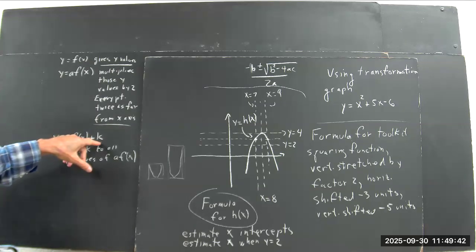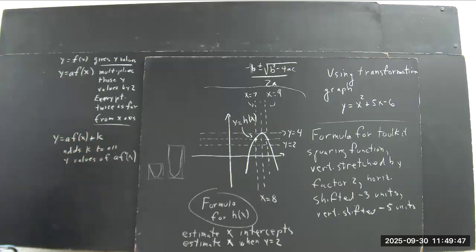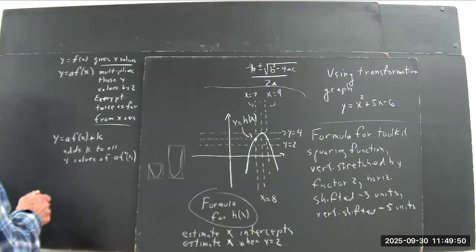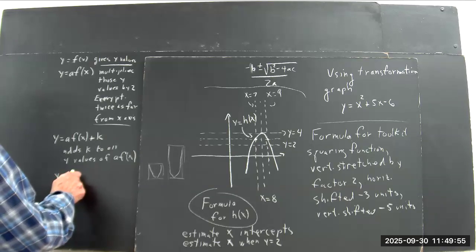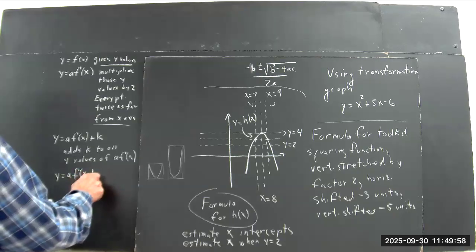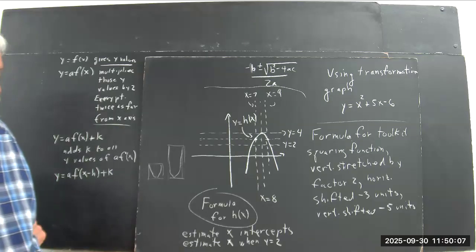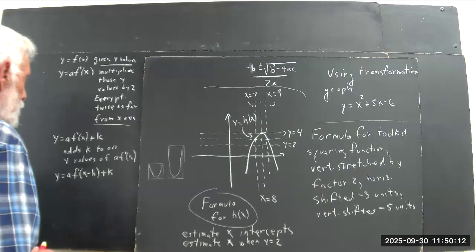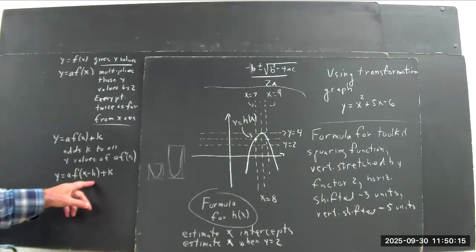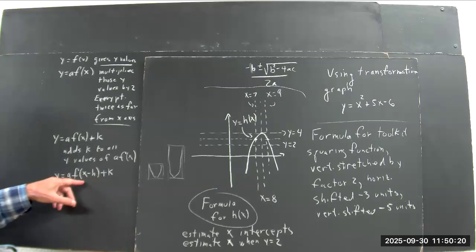y equals a f of x plus k adds k to all the y values of a f of x. Then, I'm not going to give you a descriptive statement of why this is so, but I will say that if h is a positive number, then to get the same value of y, x has to be h units bigger.